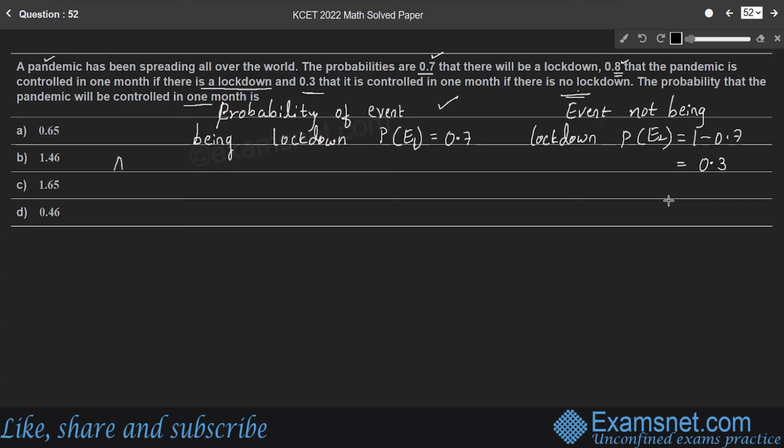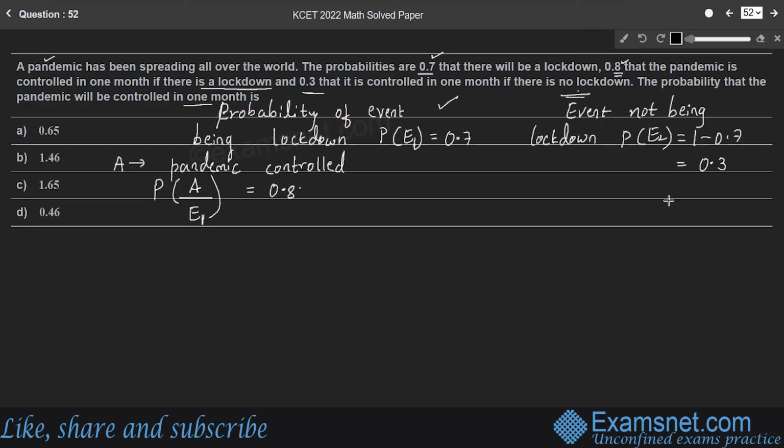Therefore, we'll consider A as the event that the pandemic is controlled. Therefore, the probability of event A if there is a lockdown, that means the probability of A over E1, P of A by E1, is 0.8, right?